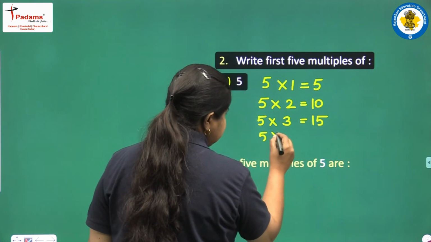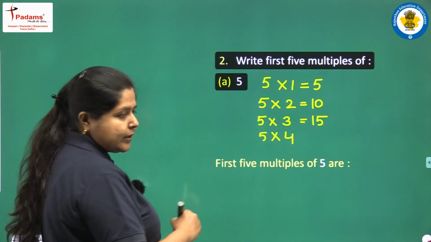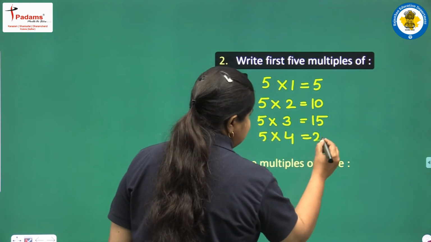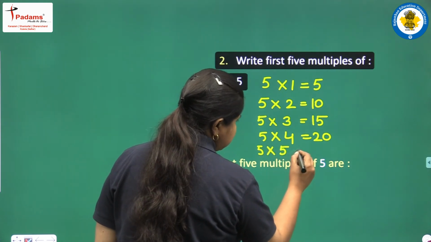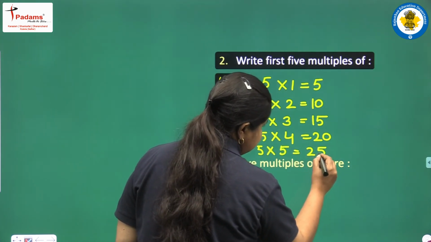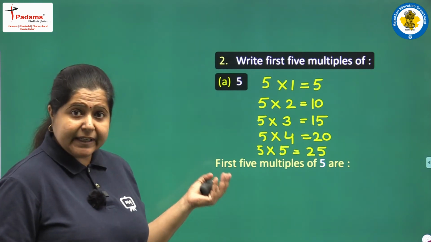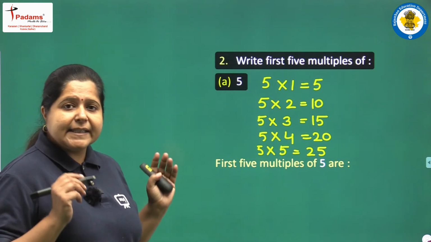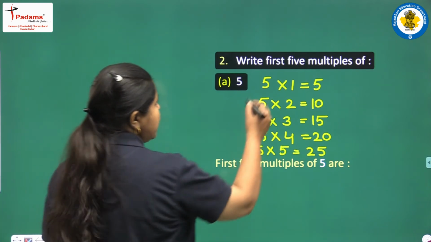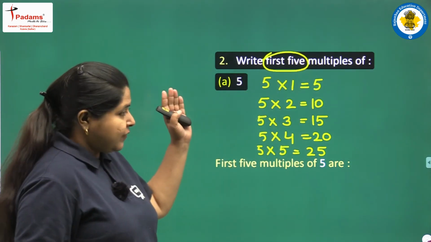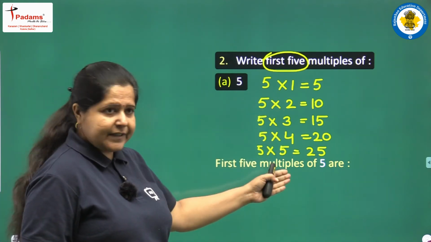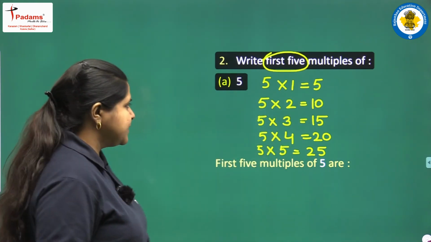Fourth multiple we will get by multiplying 5 and 4 and this will be equal to 20, and then 5 into 5 will give us the fifth multiple which is 25.